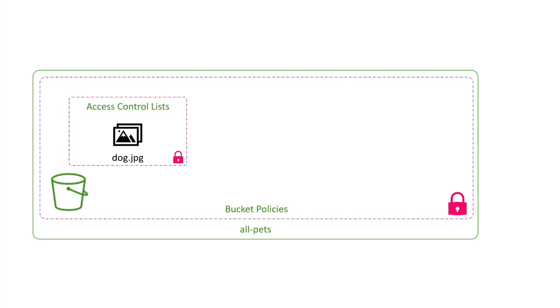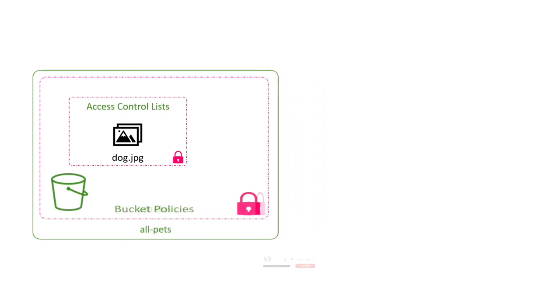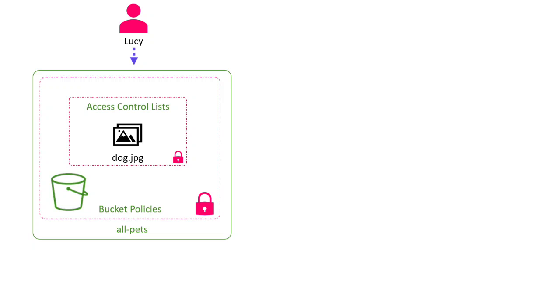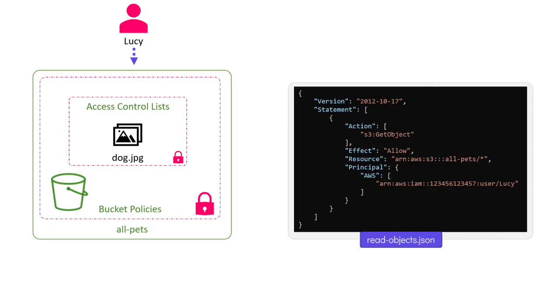In this course, we will take a look at some of the basic bucket policies to govern access to S3 buckets. These will be used later in the S3 with Terraform lecture and the S3 lab. To allow the IAM user called Lucy to be able to retrieve all objects in the example bucket called all pets, we can make use of a bucket policy like this.